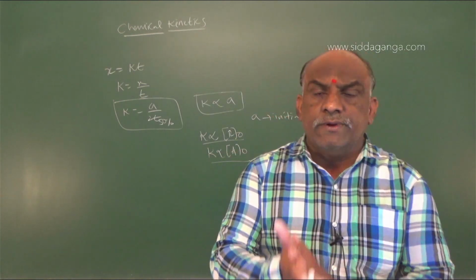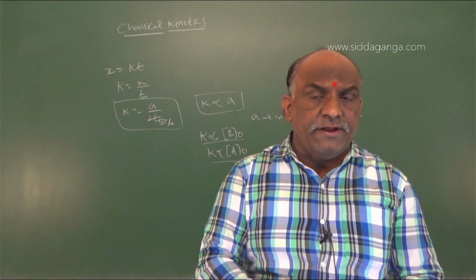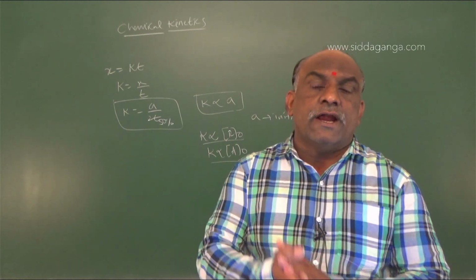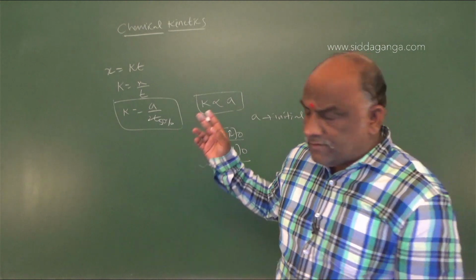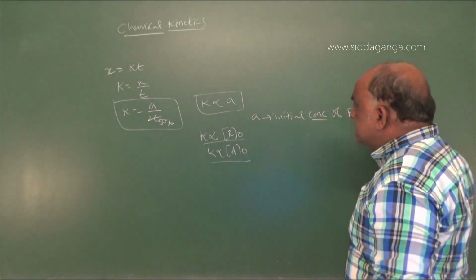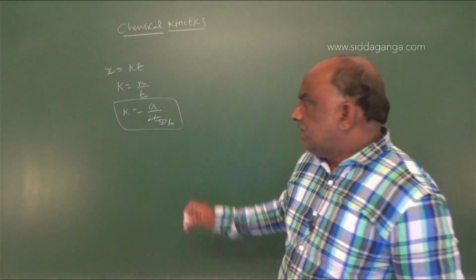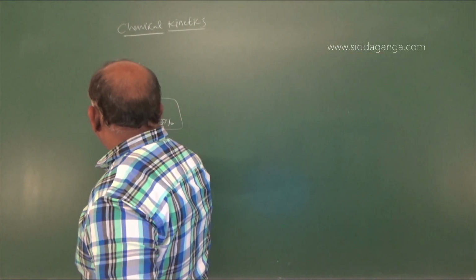I will give one simple example to differentiate between first order half time and zero order half time. According to this example, you have to find the right option. Clear? What is K0? What is K1?